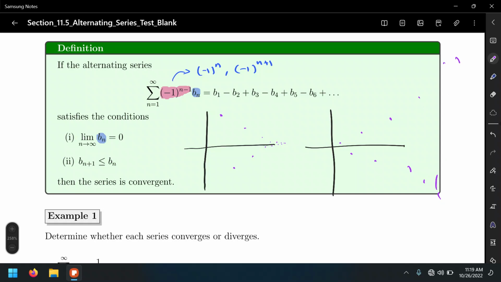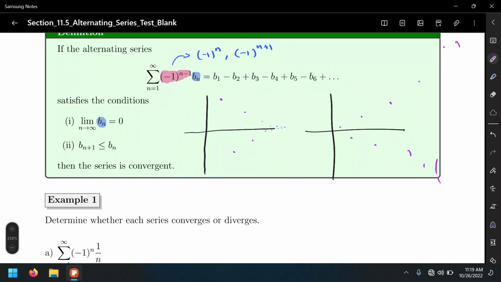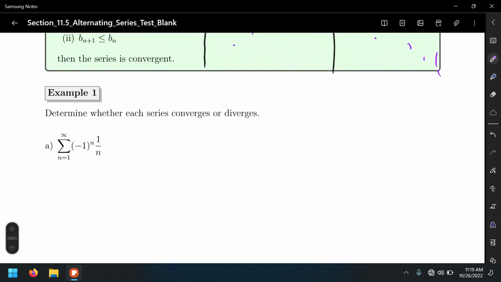That for sure is going to blow up to infinity, and that's going to consequently give us a divergent infinite series. That's why these two conditions are important. If one of these two conditions fails to be satisfied, the series diverges. Otherwise, if both are satisfied, the series converges.